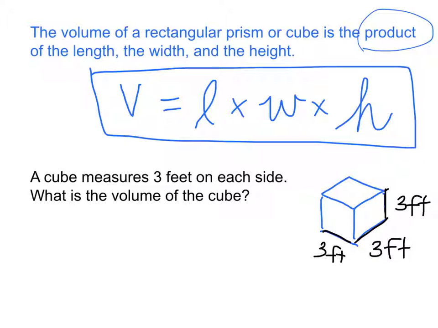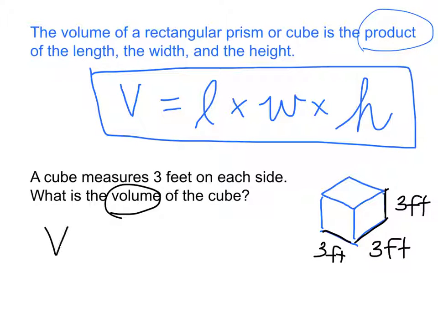Okay, now the question's asking us, what is the volume of the cube? How can we find the volume of something? Multiplying the length by the width by the height. Good. So we know that volume is length times width times height.